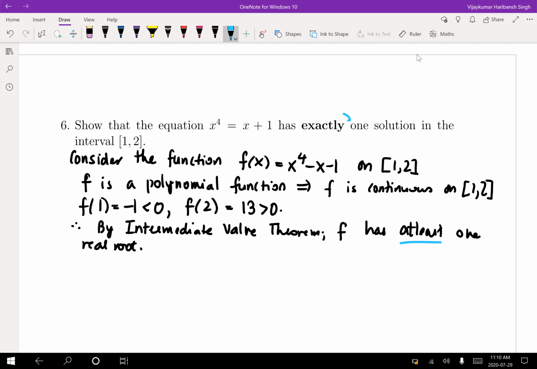But that's not our goal. Our goal is to show that it has exactly one solution, right? So at least one real root. That is, there exists at least one C in 1, 2, such that f of C equals 0.